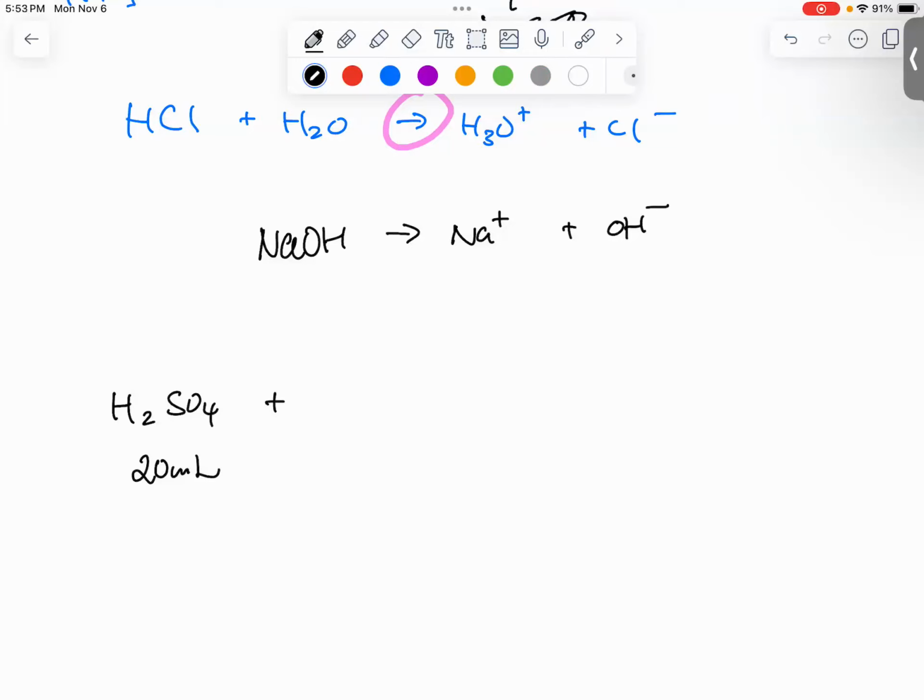I want to do this one because the mole ratio is not 1:1. So NaOH, okay, and then we're going to write the equation later on.